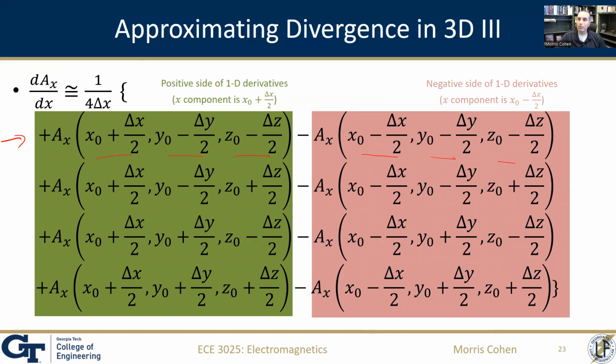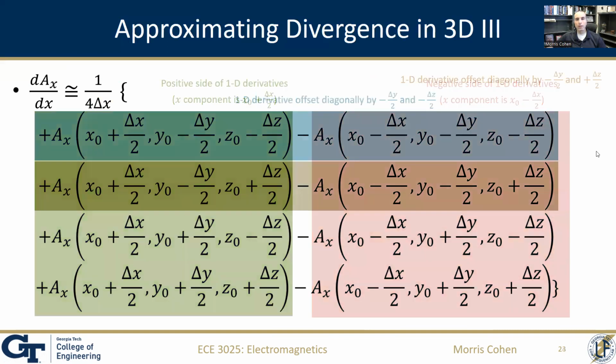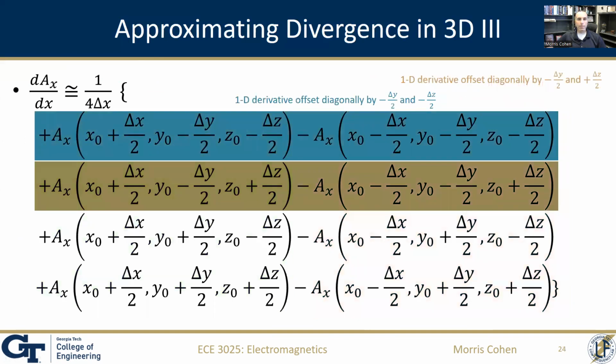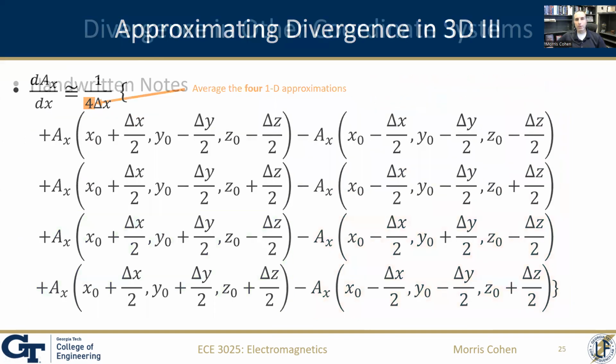So these 2 points left and right are displaced by exactly 1 delta x from each other. And the same is true for the second, third, and fourth row. And then we're summing up all 4 of those and taking the average with that 1/4 right there. And the delta x is again just that delta x separation between the 2 points. All right. And so there's the average right there.